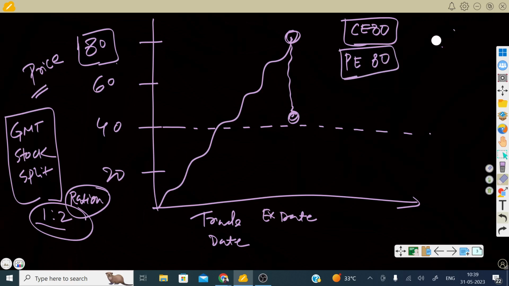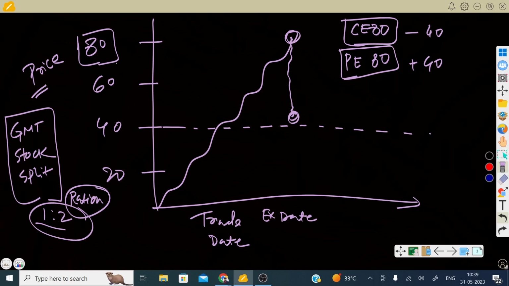Now if you have signed the contract at 80, automatically you would see minus 40 in the call option, and this guy would see plus 40, because he got the benefit of corporate actions. But that happened because of the adjustment factor, which is 1 is to 2, where the stock exchange applied the adjustment factor of the corporate action, and that's why the security price dropped in the market.